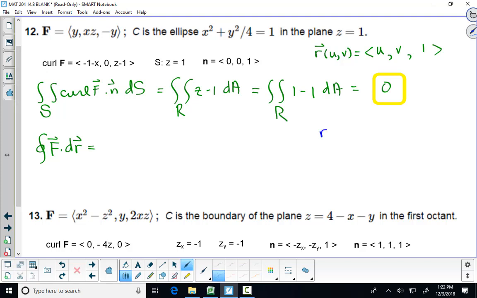So our curve, the parameterization r of t is going to equal, how are we going to parameterize this ellipse? We're going to use cosines and sines. Absolutely. I'm sorry, cosine theta or t.